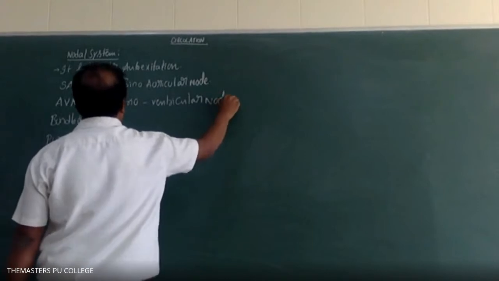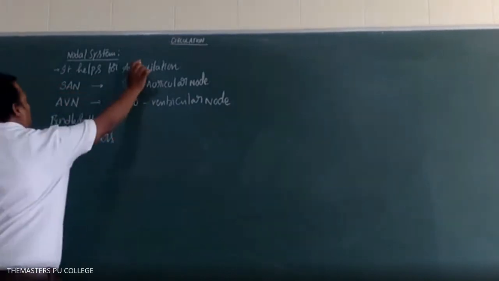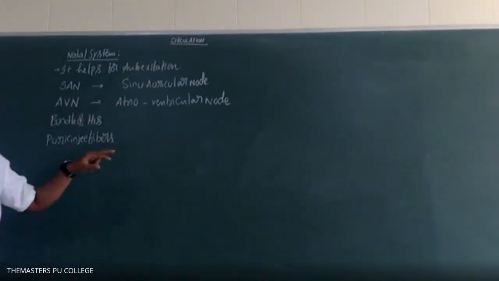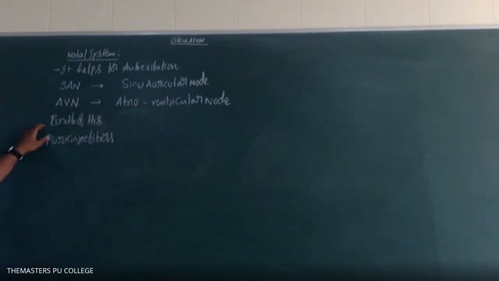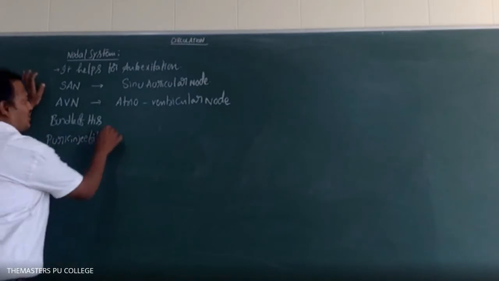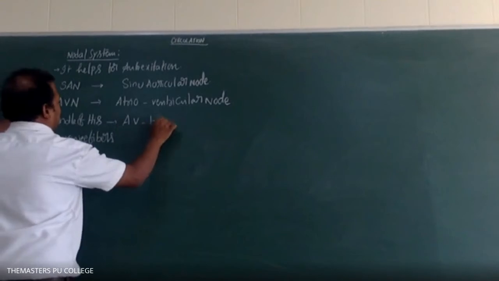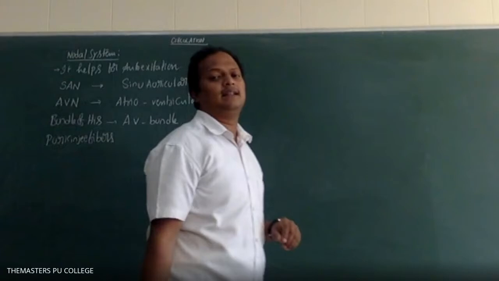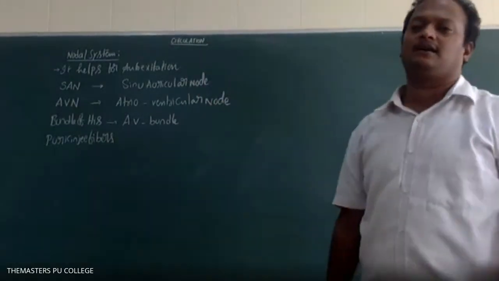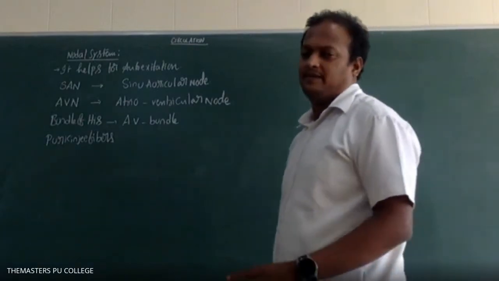What is meant by AVN? Atrioventricular node. Next one, bundle of His, also called AV bundle. AV bundle means what, students? Atrioventricular bundle. And next one, Purkinje fibers.